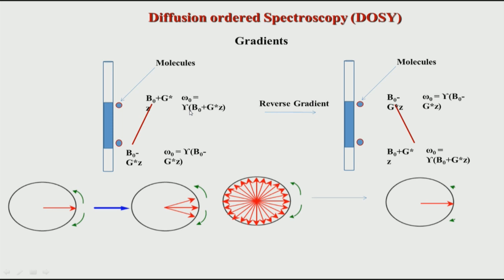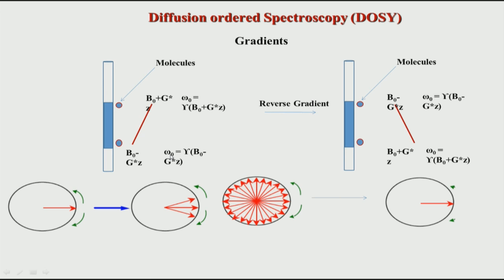So, whatever was positive B0 plus Gz, now it is B0 minus Gz. That means if this vector, where I am pointing now, has moved by 40 degrees, remember how this degree is coming? That degree is called phase, and the phase is nothing but omega into t.